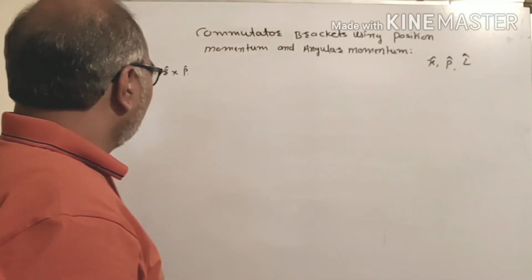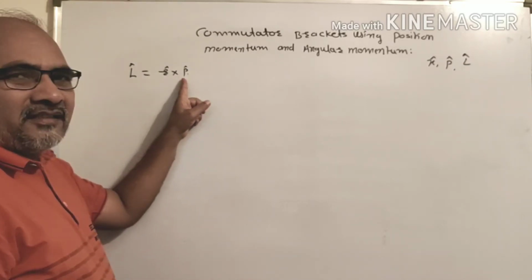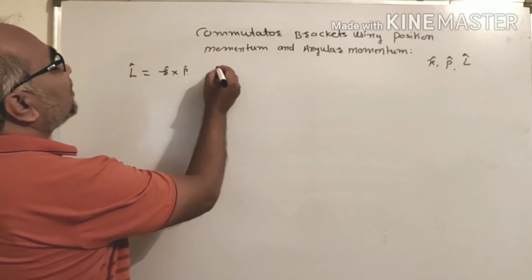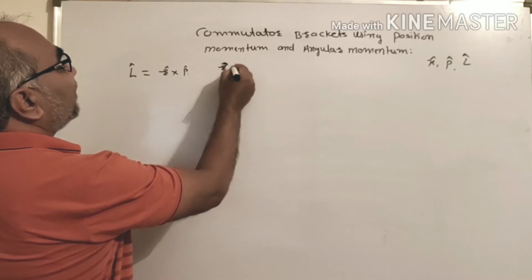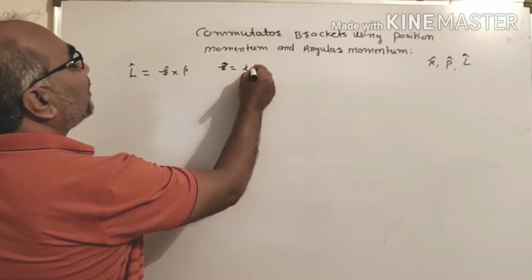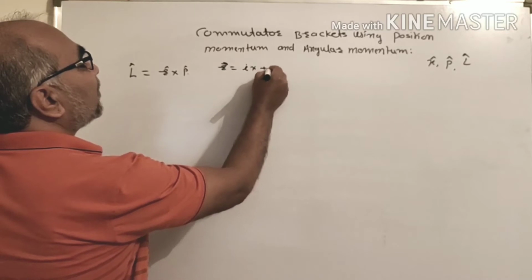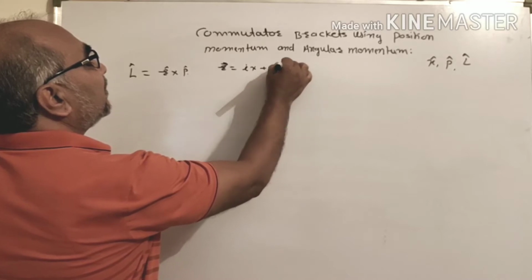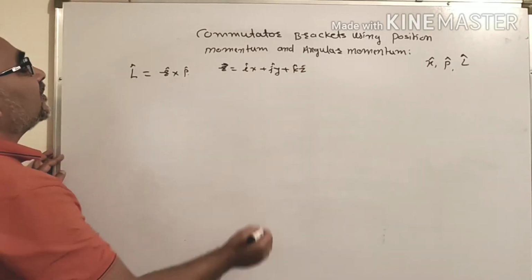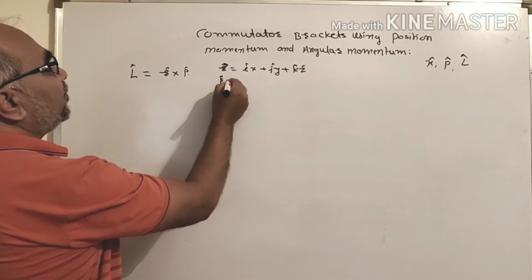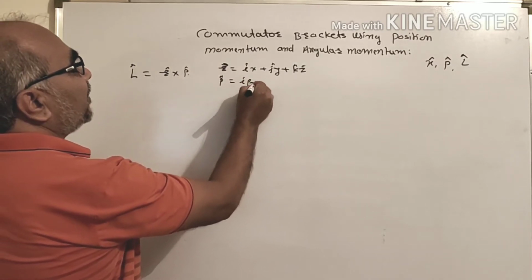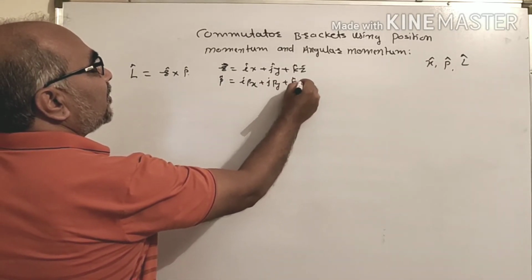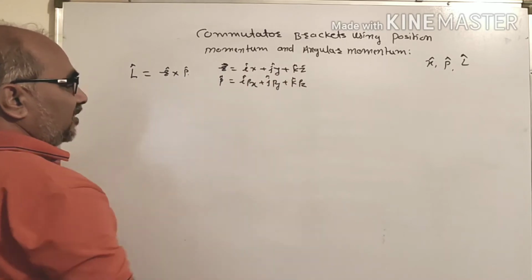Now this P has three parts, along Px, Py, Pz. The R vector is written as i x plus j y plus k z, and P is equal to i px plus j py plus k pz, where i, j, k are the unit vectors.